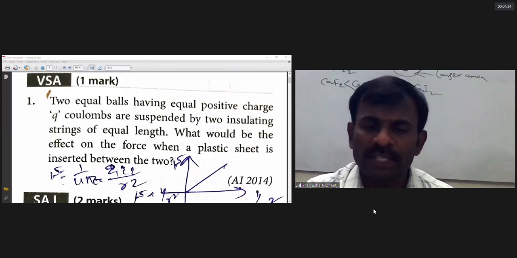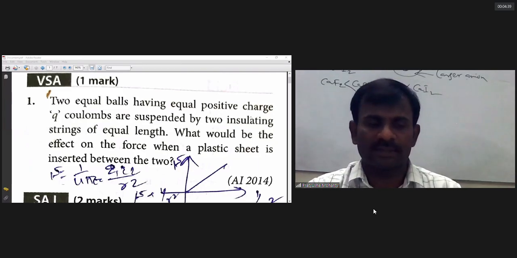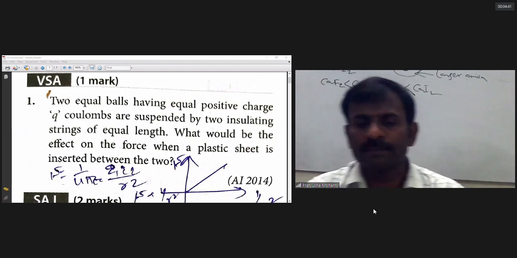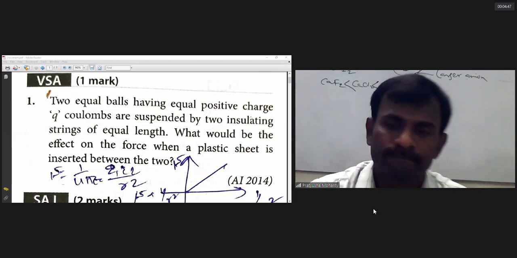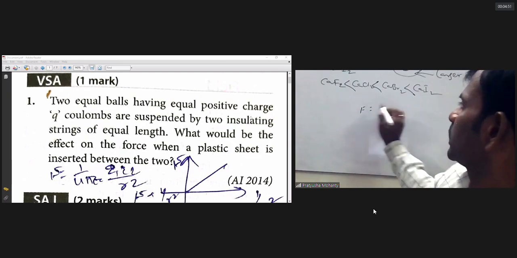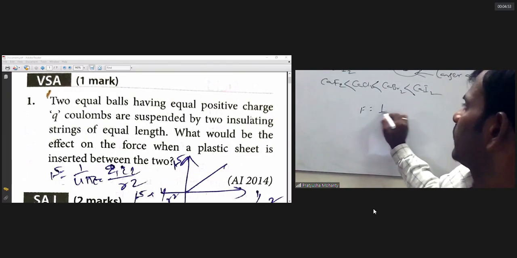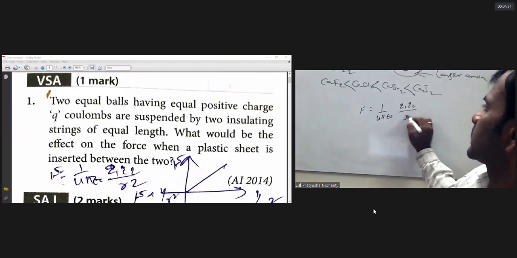Generally, if any medium is present between the two charges, what happens to the force between them? You can remember the formula: F equals 1 by 4 pi epsilon naught Q1 Q2 by R squared.